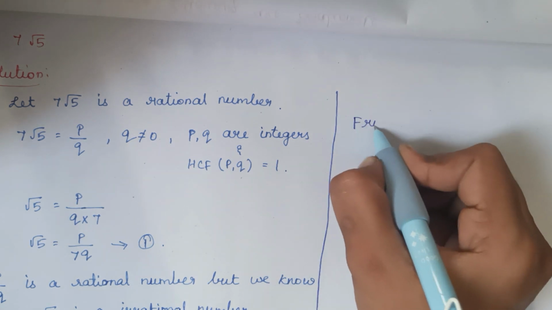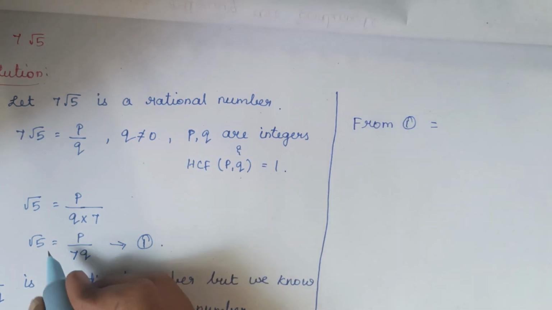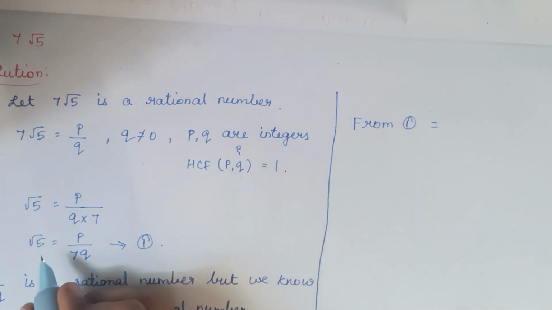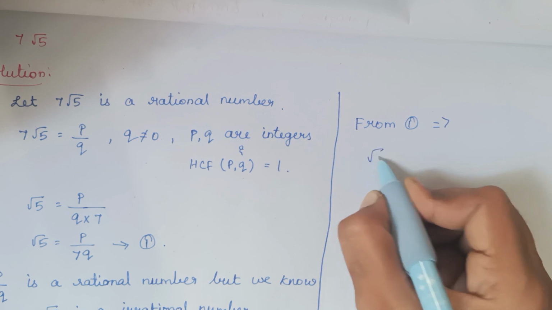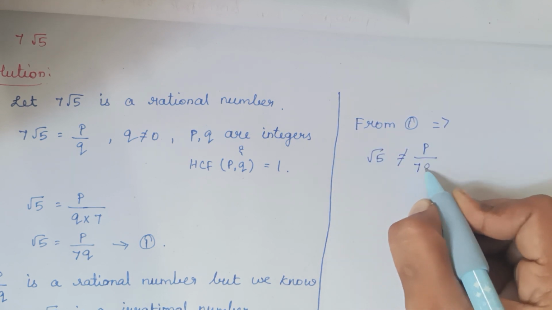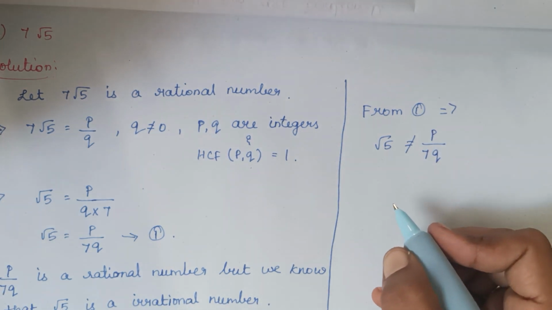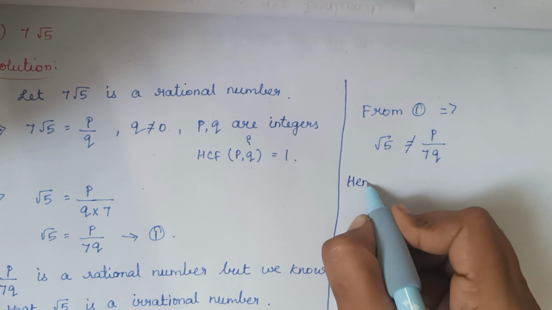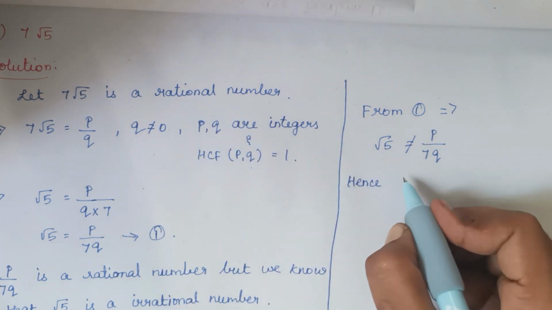So from equation 1, where is equation 1? We have mentioned root 5 is equal to P by 7Q, but root 5 is not equal to P by 7Q. Okay. Hence our assumption is wrong. What we have assumed is a rational number, right?